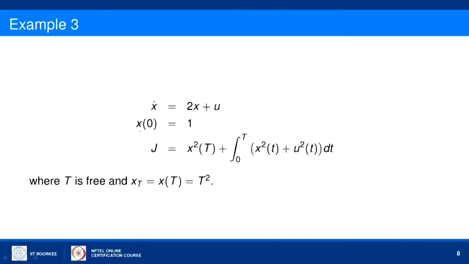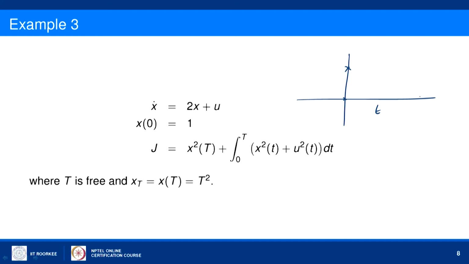Now we consider a similar problem, x dot equal to 2x plus u, and initial position is fixed, so x at t equal to 0 is 1.